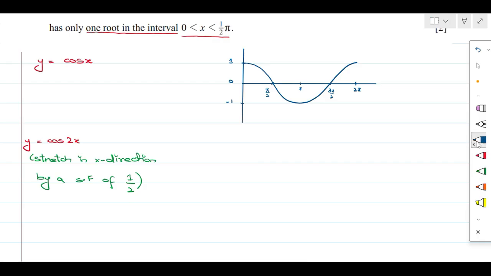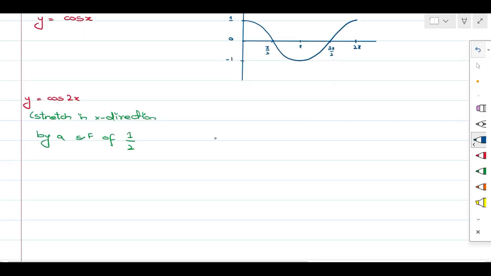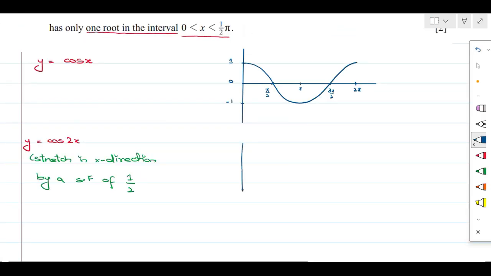Okay, so let me sketch this graph again. Let's say this is again the 1, we have 0, we have minus 1, right?